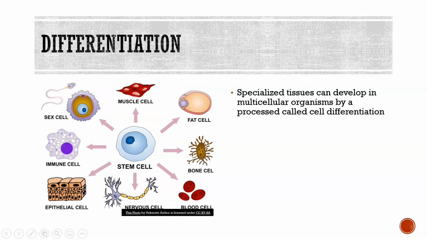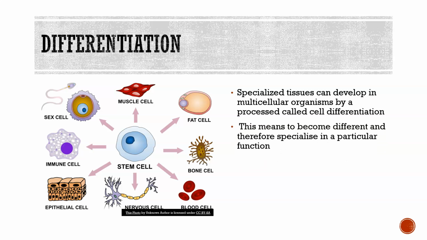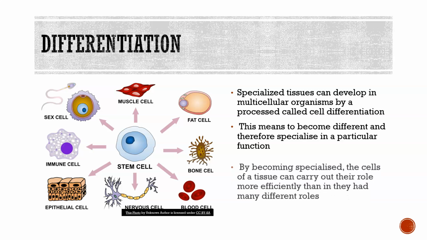Okay, so specialized cells can develop from multicellular organisms by a process called cell differentiation. This means to become different and therefore specialize in a particular function that could be different to another cell.